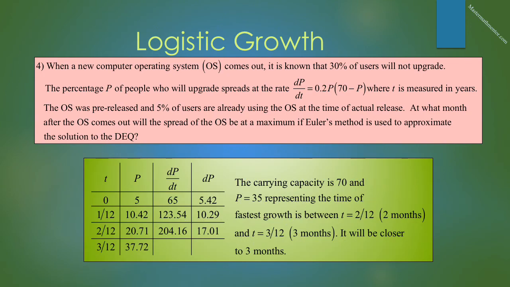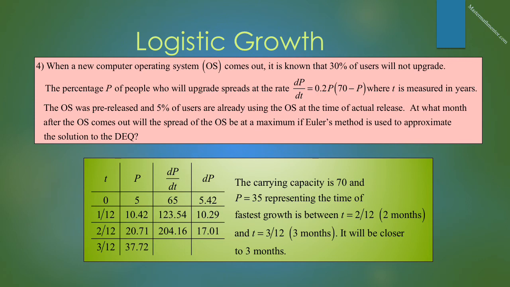We apply Euler's method by making a table with 4 columns, T, P, dP/dt, and dP. Since T is measured in years, but we want to work in months, our values of T will be 0, 1/12, 2/12, and 3/12.